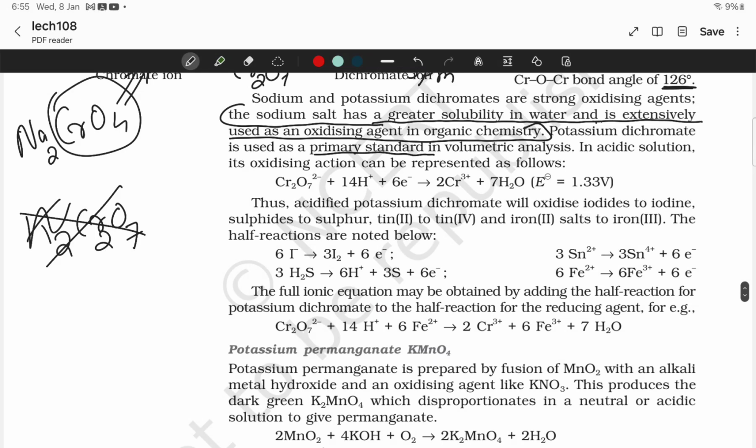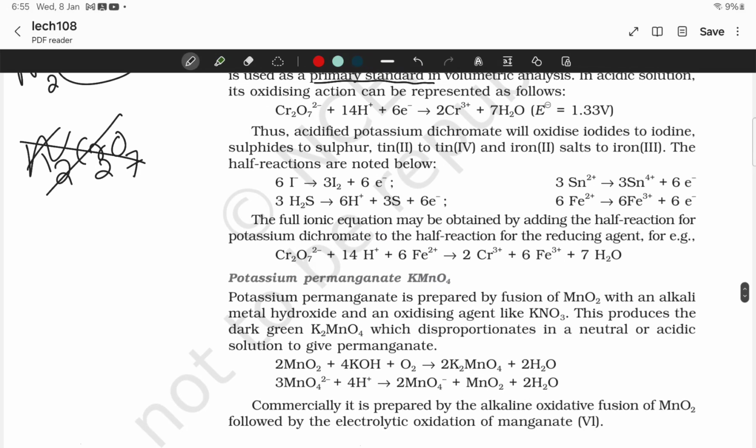Okay, yes. Thus acidified potassium dichromate will oxidize. Now the oxidation reaction is given here in acidic medium. It will only oxidize in acidic medium.